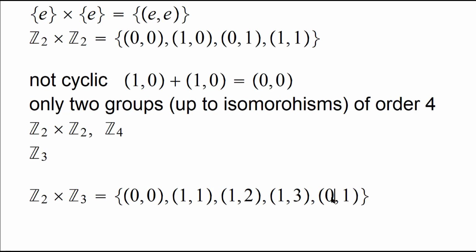All right, so this is 0, and I made another mistake here. I was adding modulo 3, so that should have been 0. So we have to have 1 0, 0 1. Likewise, we have to have 2 0, right? And 0 2, right? So how many elements would we have here? We would have 6 elements, right?